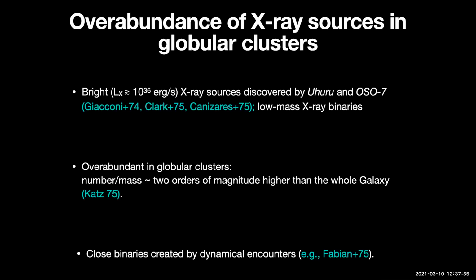This was soon attributed to close binaries created by dynamical encounters in globular clusters, facilitated by the very unique environment. The stellar density in the core of a globular cluster can be orders of magnitude higher than anywhere else in the galaxy. That facilitates many close encounters that can create close binaries that are also active X-ray emitters.